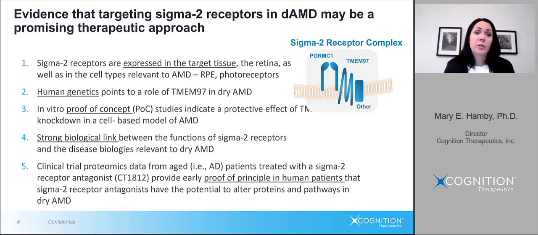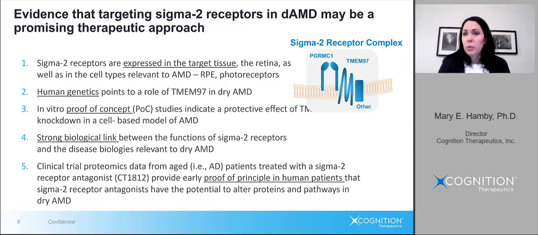Evidence has accumulated over the past years that targeting sigma-2 receptors in dry AMD may be a promising therapeutic approach. Sigma-2 receptors are expressed in the target tissue, the retina, as well as the cell types relevant to AMD in the retina, notably the retinal pigment epithelial cells and the photoreceptors.